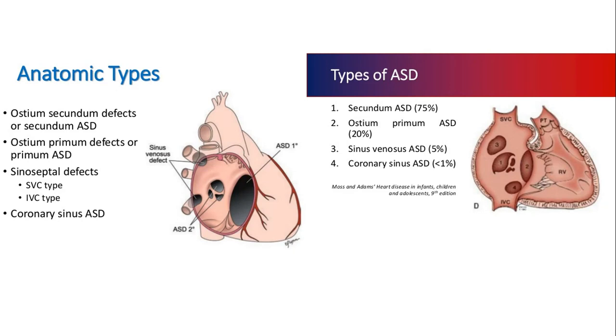That you will see when you go to the clinical side. Here, what we should know is that the atrial septal defect is a defect in the atrial septum, and it is of four types: secundum, primum, sinus venosus, or coronary sinus ASD. These are the main sites of the ASDs.